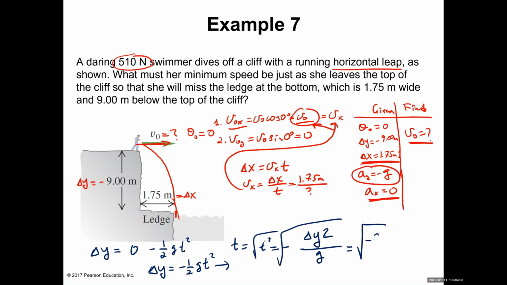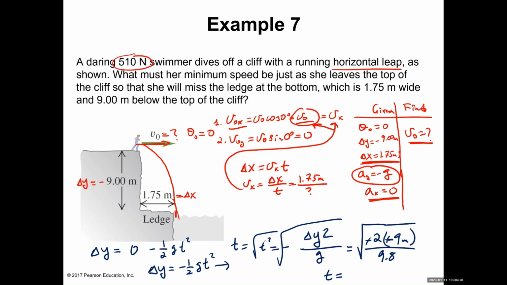So this is negative 2 times delta y. Remember, delta y is negative 9. You need to make sure that you cancel all the negatives inside the square root. Then divide by 9.8. Then t equals the square root of 2 times 9 over 9.8.